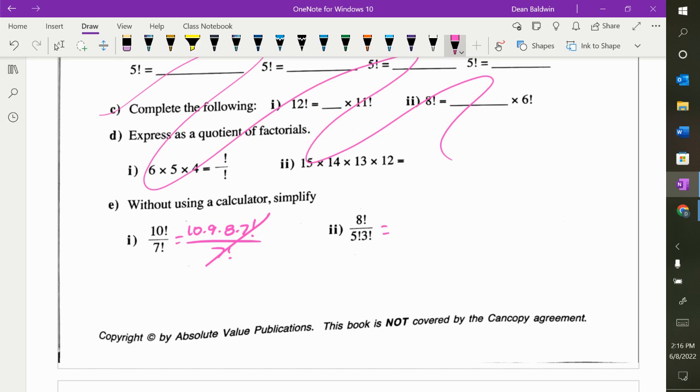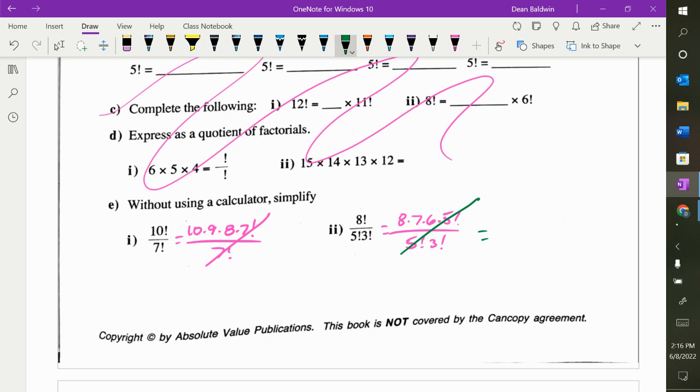Okay, 8 factorial over 5 factorial times 3 factorial. Which one do I reduce? The top, the 8, the bigger number. Times 7 times 6 times 5 factorial. What happens to the 5 factorials? They cancel.